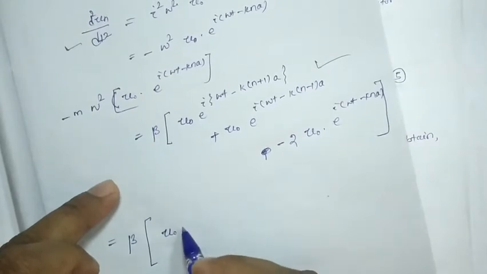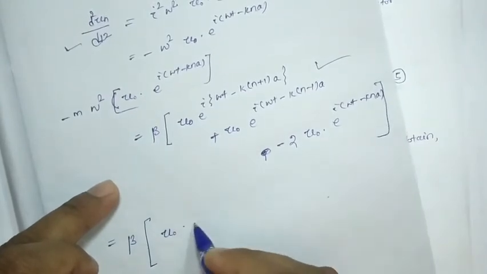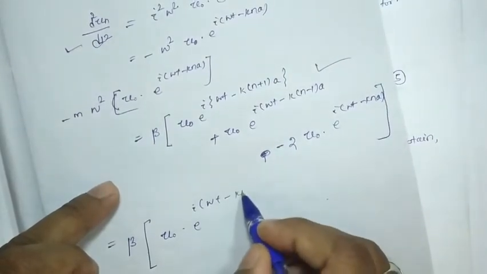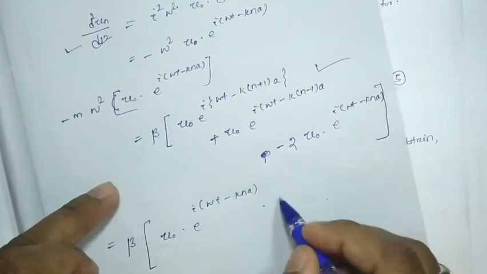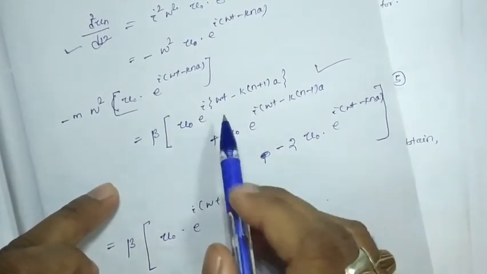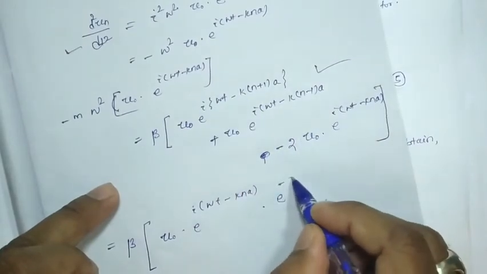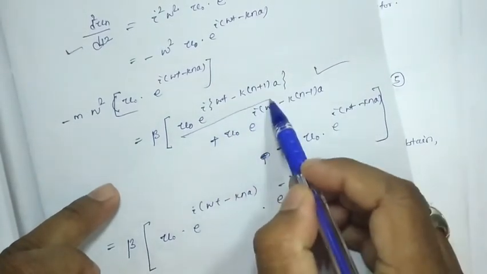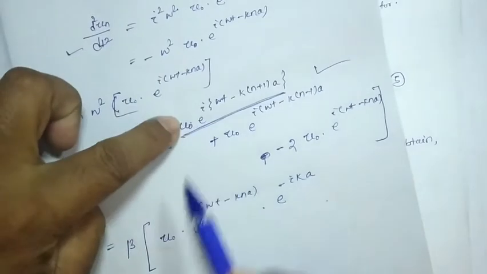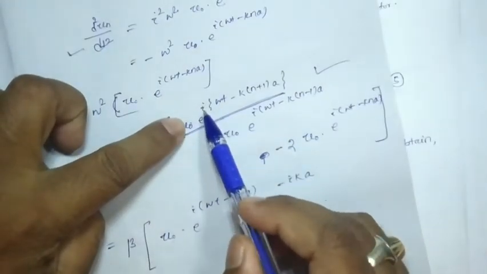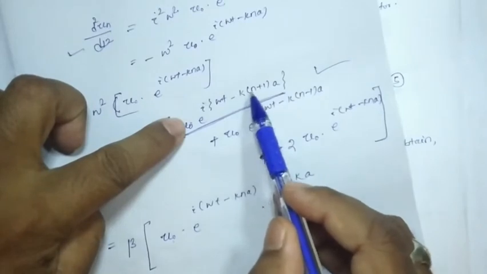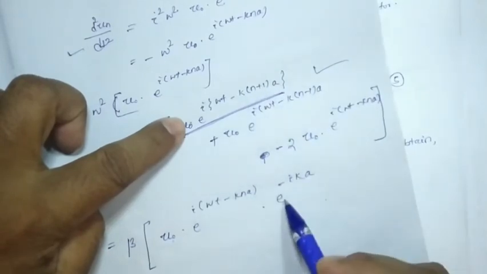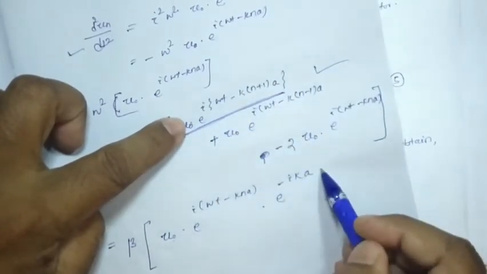So this right hand side again can be written as beta, u0 into e to the power i omega t minus kna into e to the power minus ika. You just consider this term: e to the power i omega t minus kna is one term, and another is e to the power minus ika.